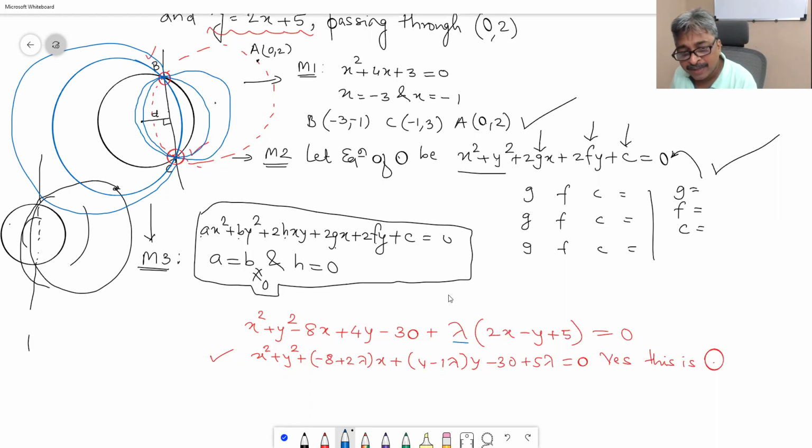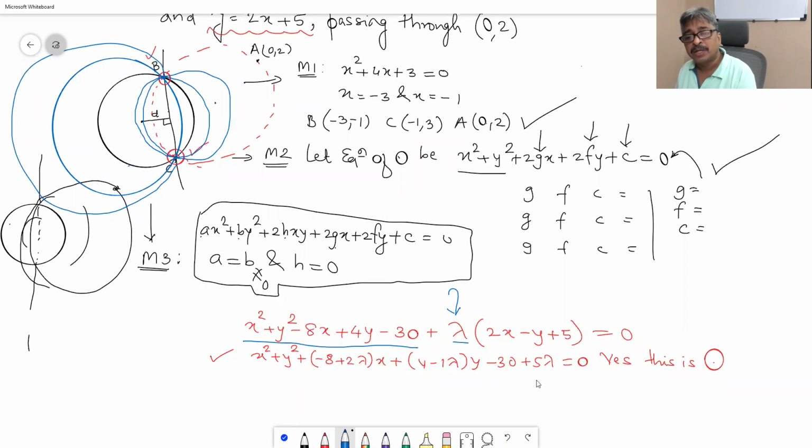How many values of lambda are allowed to put? Infinitely many. Can it happen that for one value of lambda, I will end up getting two distinct circles? No. If lambda is equal to 0, is this the original circle I am going to get back? Yes. So this is the equation of a family of circles.